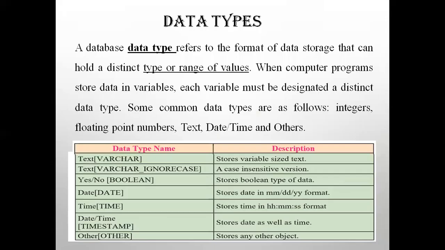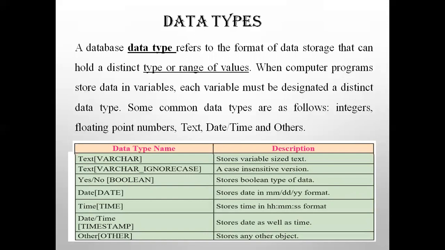Next is the text data type. It's a string of characters, not meant to represent any other data type. There are different text data types and they differ mostly in how they consume space. One is char, character, and the next one is varchar.